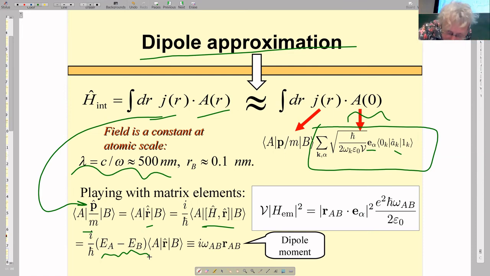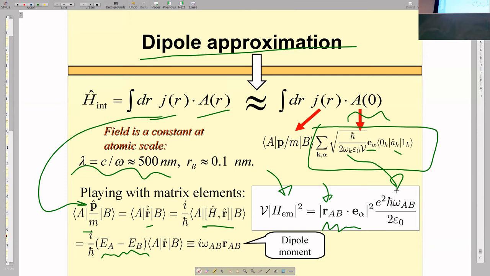So what do we get? We have an estimation of this matrix element, which contains this dipole element, so atomic size comes in here. And that comes from the ugly square root I mentioned in the course of quantizing the electromagnetic field or other fields.